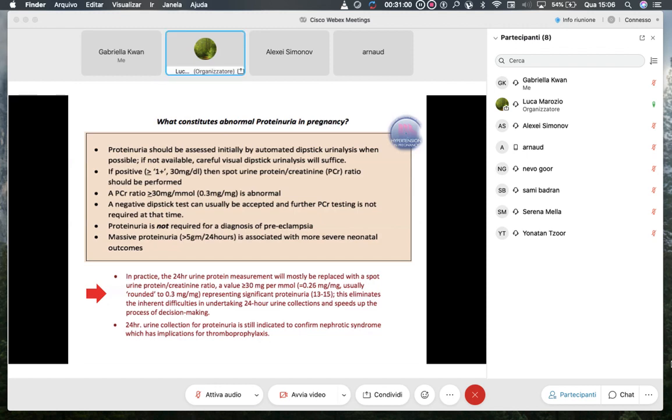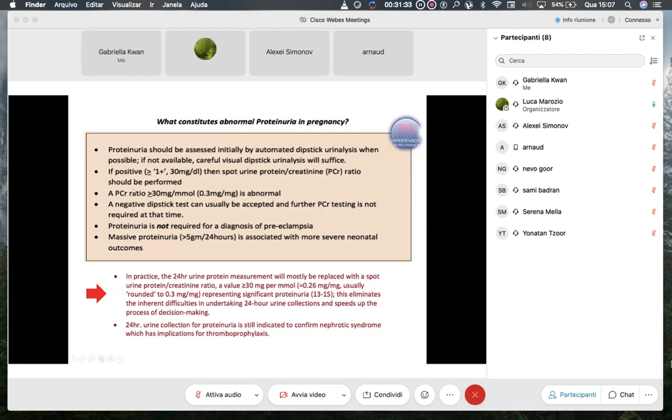Anyway, if the dipstick examination is positive, we have to do another exam to confirm proteinuria, which is the spot urine protein creatinine ratio. The ratio is normal if less than 30 milligrams per millimole, or 0.3 milligrams per milligram.